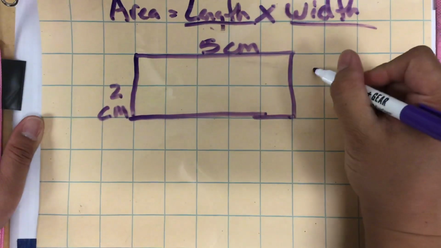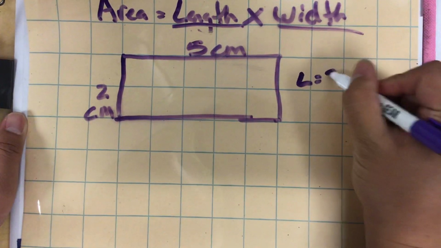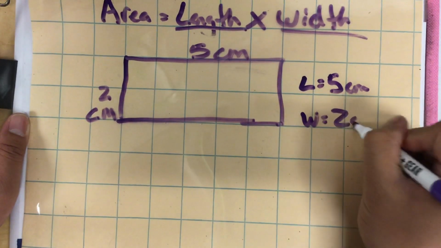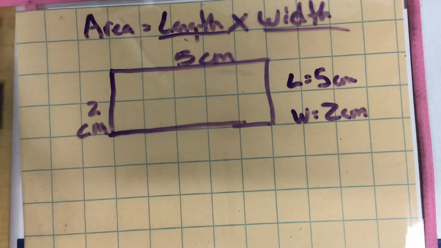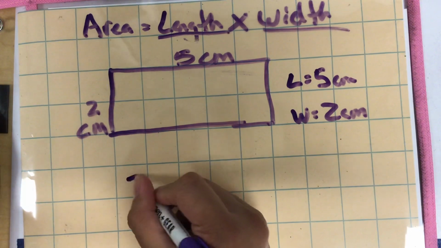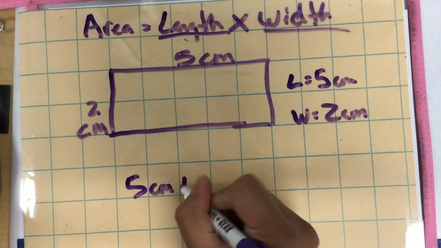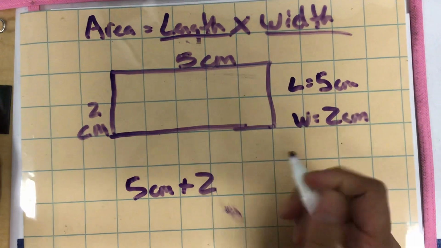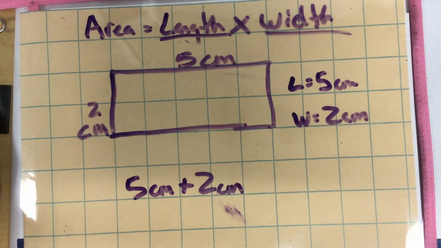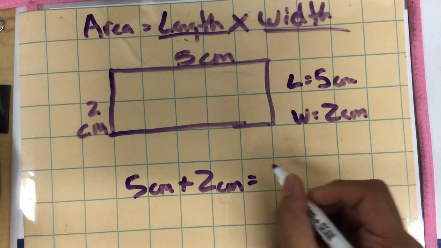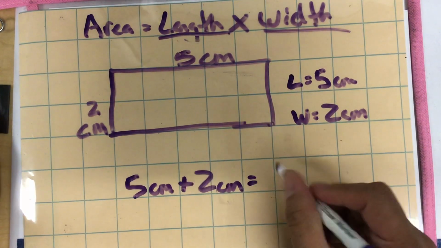Well, we have our length, which is 5 centimeters, and our width is 2 centimeters. What kind of math sentence would we write down for this? Well, I hope you thought about writing down 5 centimeters times 2 centimeters. Now we can figure out what's 5 times 2. Well, 5 times 2, 5, 10.